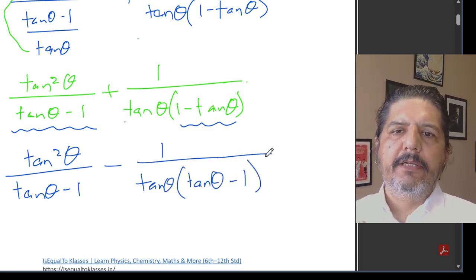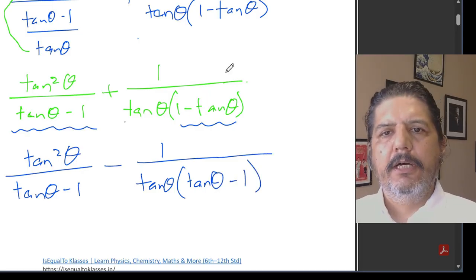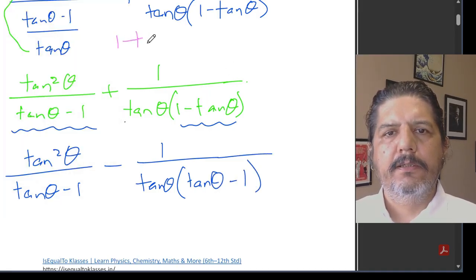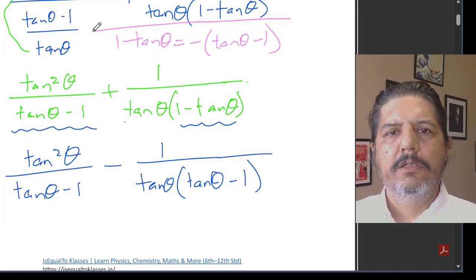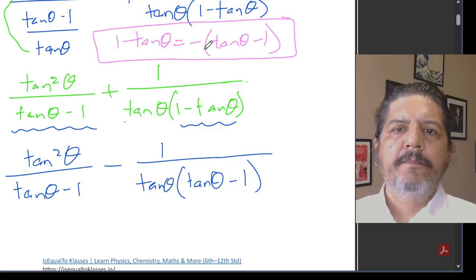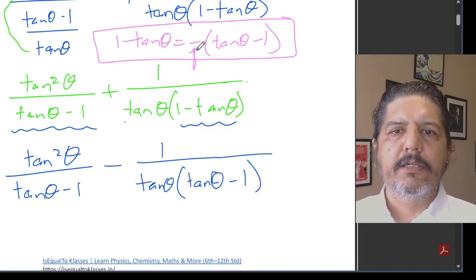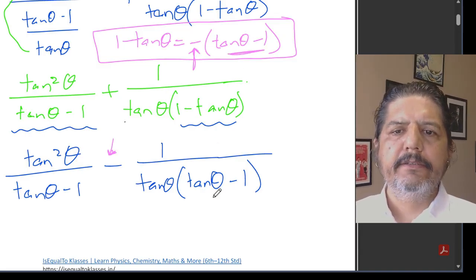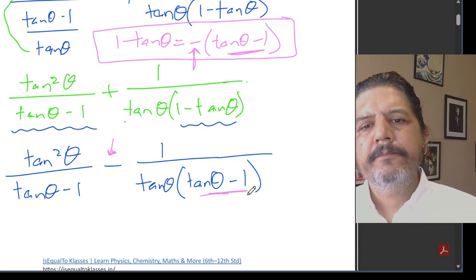Again, algebraic expression, what I have done is, I have written 1 minus tan theta, I've taken the minus out and I've written this as tan theta minus 1. This is the manipulation I have done. And this minus is this minus, and the remaining is tan theta minus 1, which is written here.